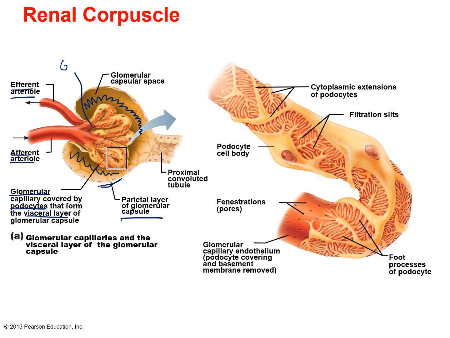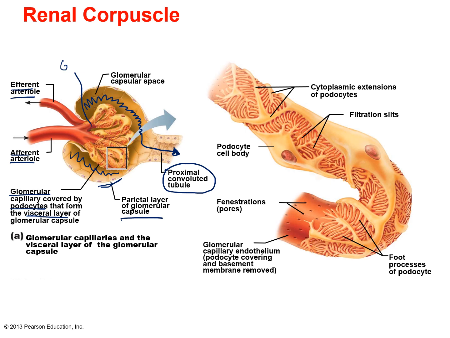The glomerulus is going to be continuous with the next part of your nephron, the first portion of your renal tubule, which is your proximal convoluted tubule here. So you can have filtrate in your glomerular space, and then it'll move out of the renal corpuscle and into the next component of your nephron, the proximal convoluted tubule.